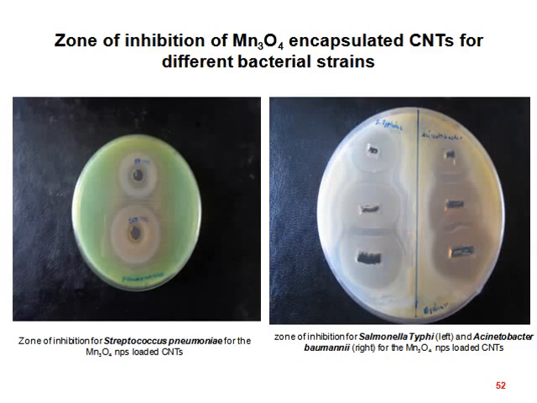Now let's observe the dishes for manganese oxide encapsulated CNTs using the same bacterial strains. The left dish shows the zone of inhibition for Streptococcus pneumoniae, whereas the right one is for Salmonella typhi and Acinetobacter baumannii.